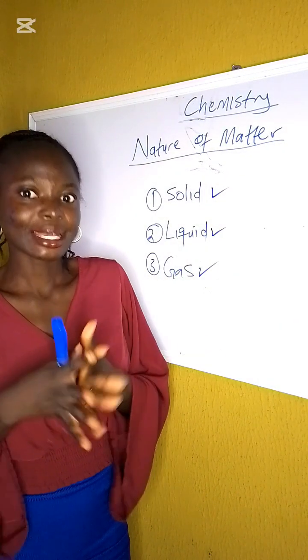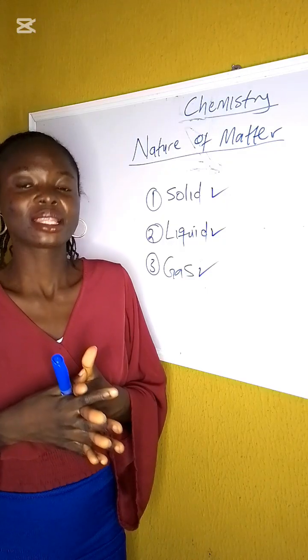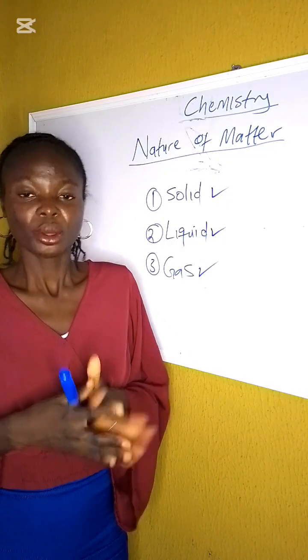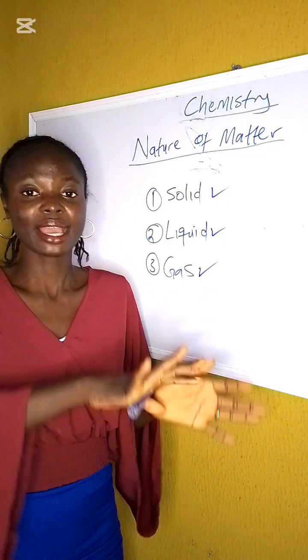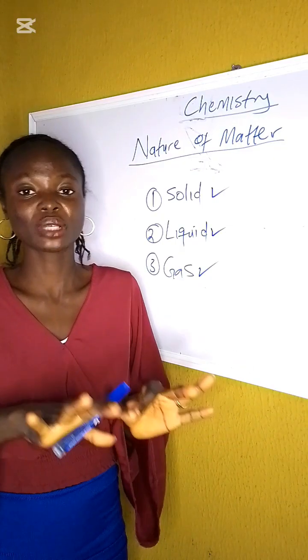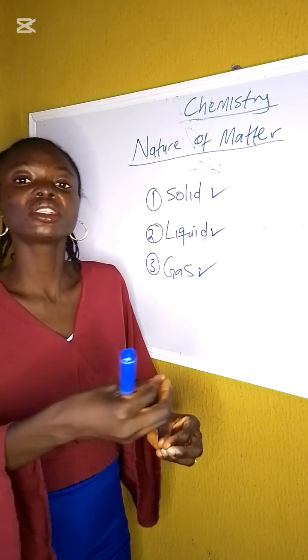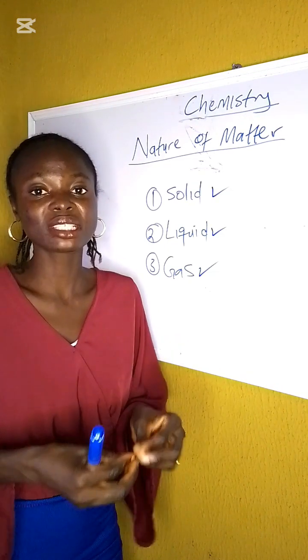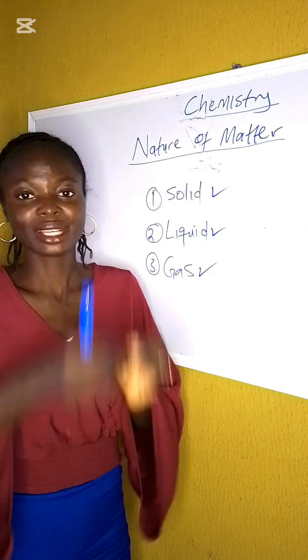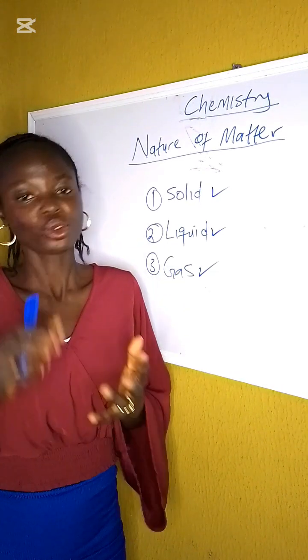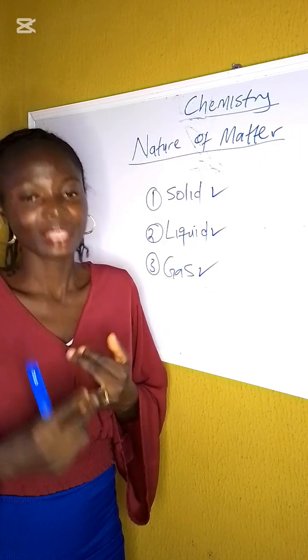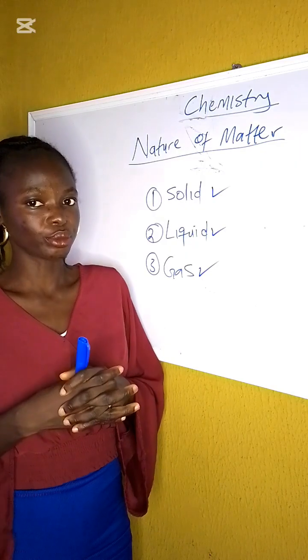But gases have definite volume, because if you put a gas into a cylinder, you will know the shape of the cylinder, and once you know the shape of the cylinder, you can calculate the volume of the gases inside that cylinder. So no definite shape, but they have definite volume.